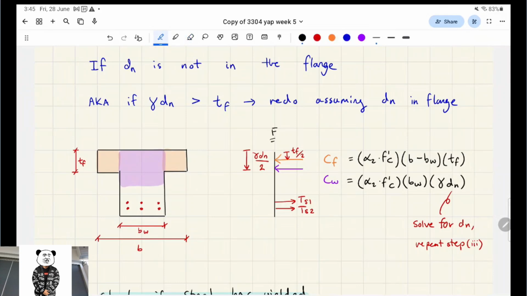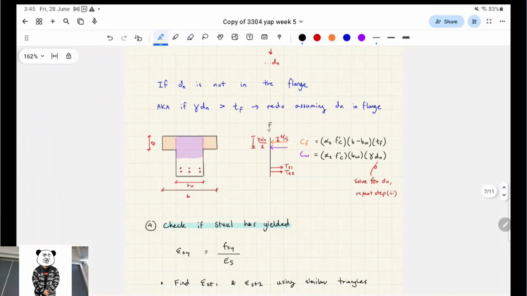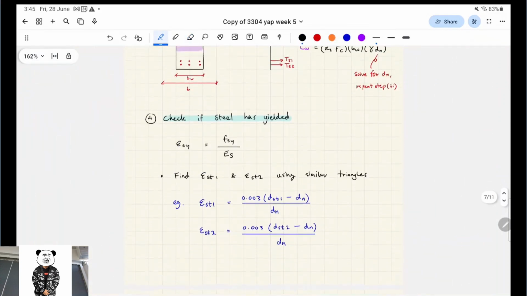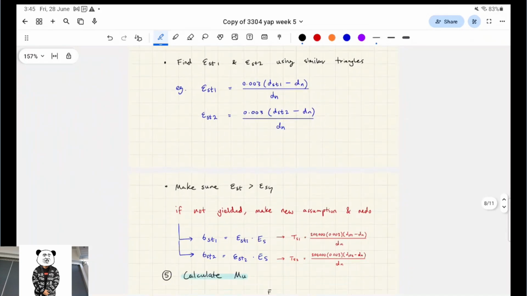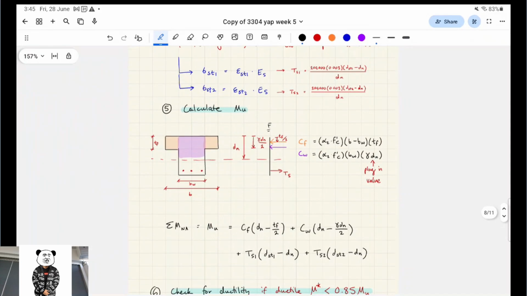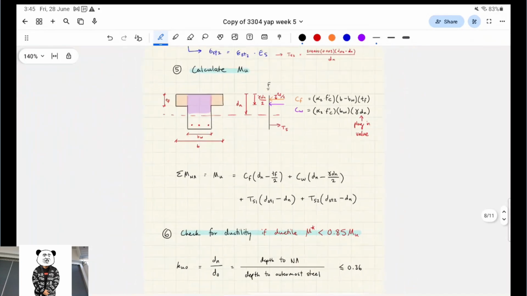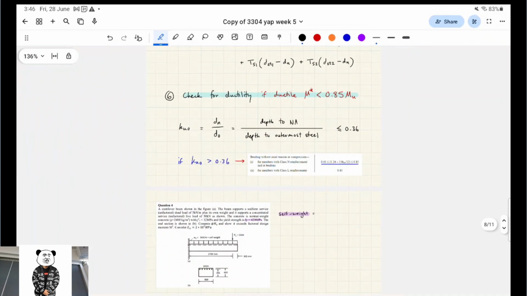And you can just follow my formulas through, solve for dn. And yeah, you might need to use the quadratic equation to find dn here. Okay. You do your steel yield assumptions, and you calculate Mu the same way. Ductility, exact same way as well.